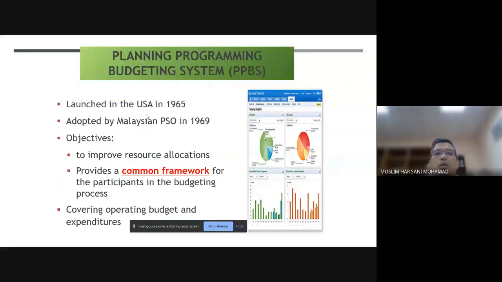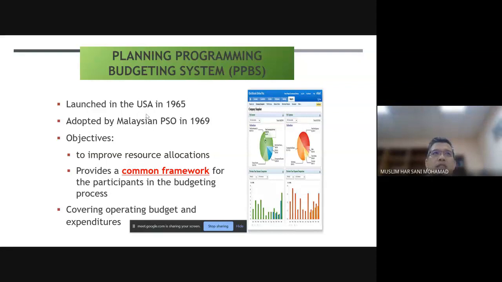That's why it was replaced by program-based budgeting, launched in the US in 1965 and adopted in Malaysia in 1969. When it says adopted in Malaysia in 1969, actually this is a global phenomenon. It's not only the Malaysian government adopting program-based budgeting.